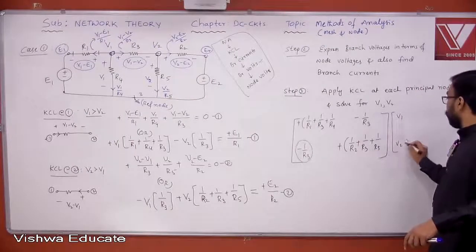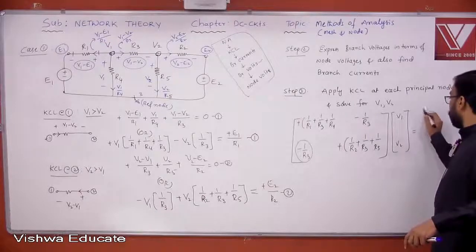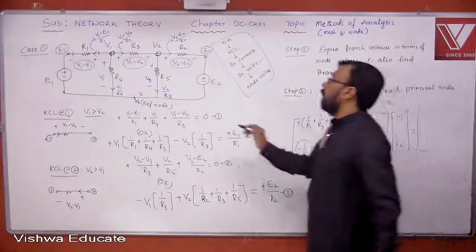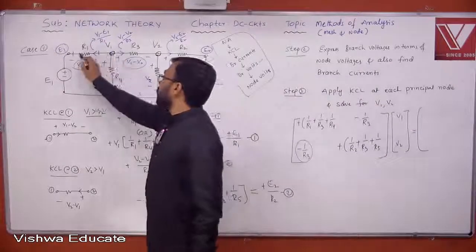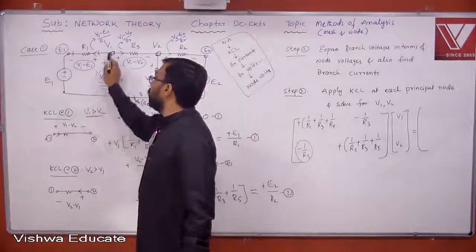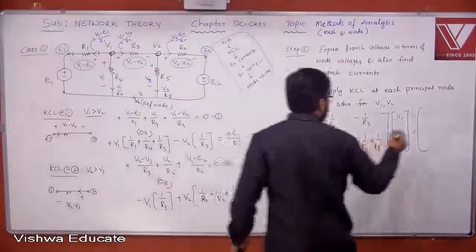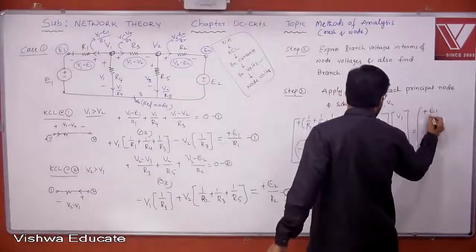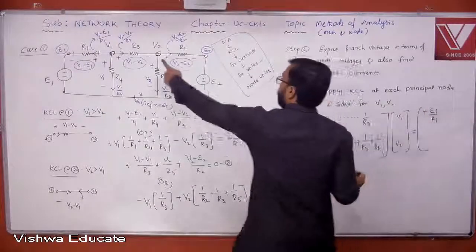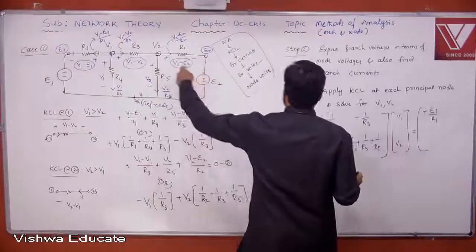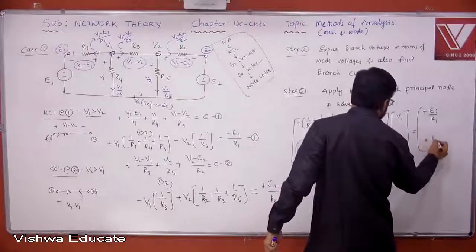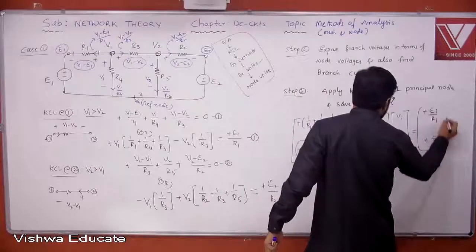V1, V2 is equal to, look at the node. At this node, there is a path with an energy source. Current is leaving, higher potential, touching positive sign first, plus E1 by R1. Current is leaving and touching positive sign first at the second node, right? Plus E2 by R2.